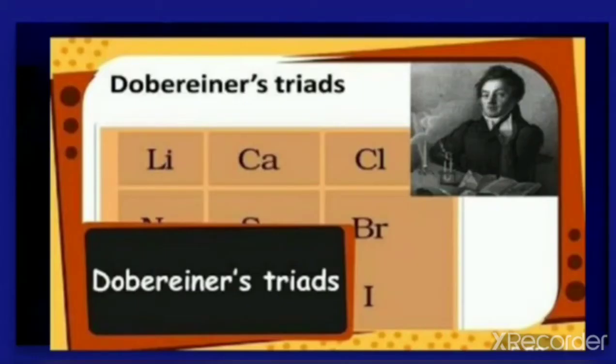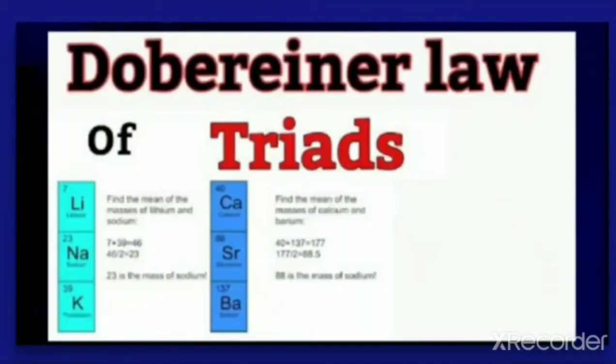Dobereiner's Triads. In 1817, a German scientist called John Dobereiner classified the elements in groups of 3 elements, called triads. The elements in a triad had similar properties and the atomic weight of the middle member of each triad is very close to the arithmetic mean of the other 2 elements.